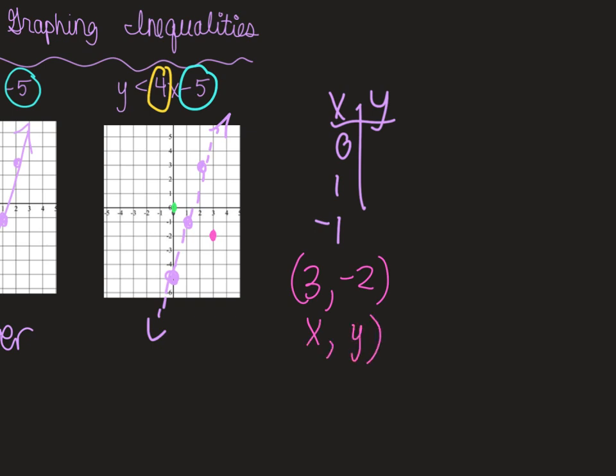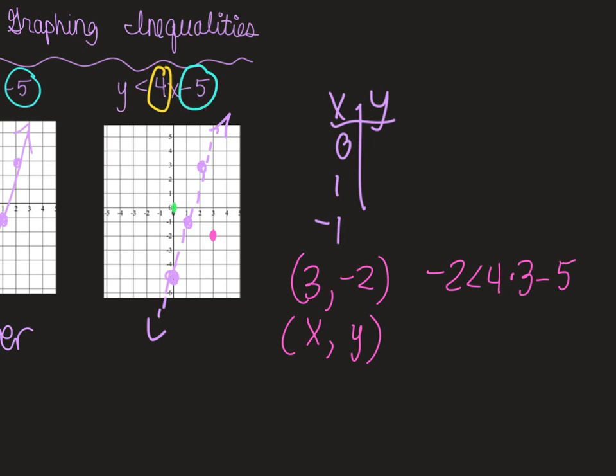So I'm going to substitute 3 in for x. I'm going to substitute -2 in over here for y. And I'm going to see if the sentence is true or not. Okay, so I wrote this equation, but I wrote it with my 3 and my -2. Here's my y, here's my x. It already had a 4, so I multiplied by 4.